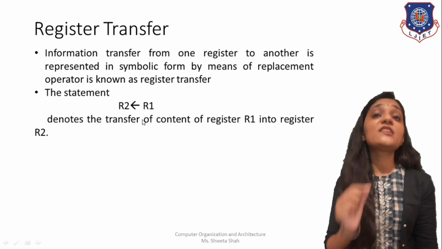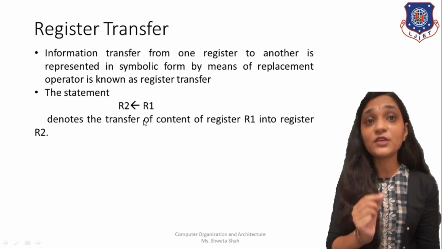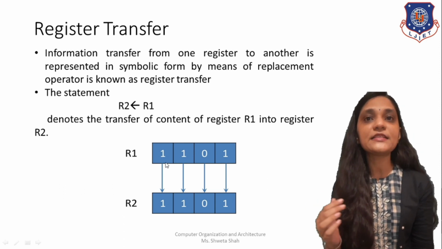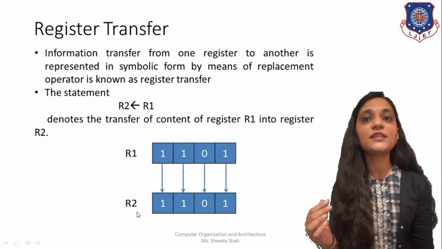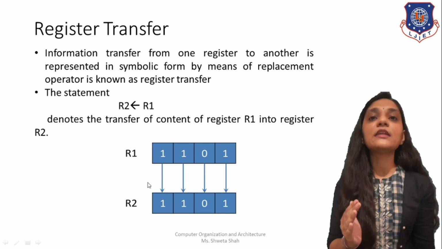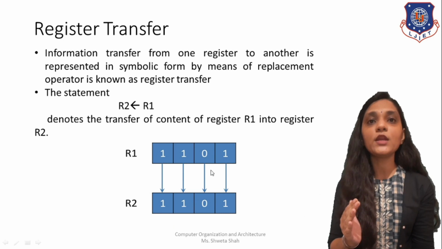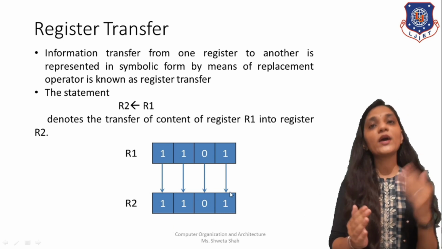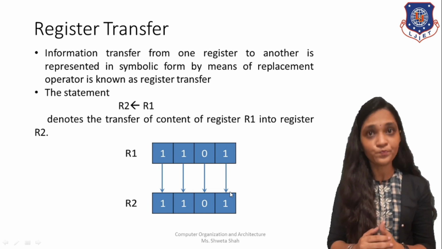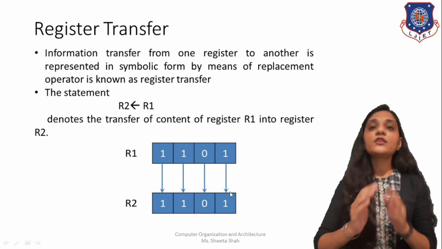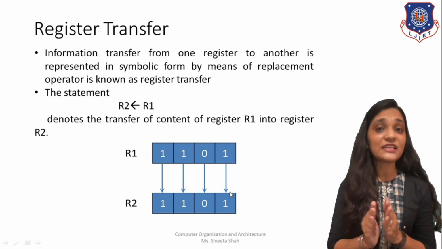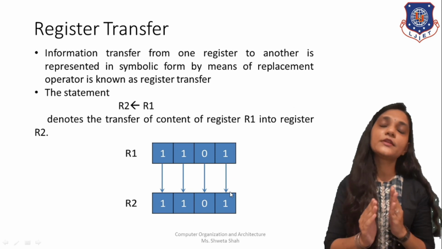Here the operation is performed on bits. Bitwise operation will be there like this. If the content of register R1 is 1101, then after this transfer operation the content of register R2 will be 1101, bitwise at the same position bits in register R2. After this operation the content of register R2 is going to be changed, but the content of register R1 will remain as it is.